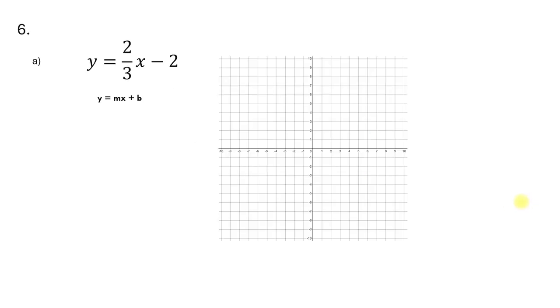Question 6, y equals 2/3 x minus 2. Our y-intercept, or b value, is -2. So we'll plot that point right there. And our slope is 2/3, which tells us that for every run of 3, there will be a rise of 2.